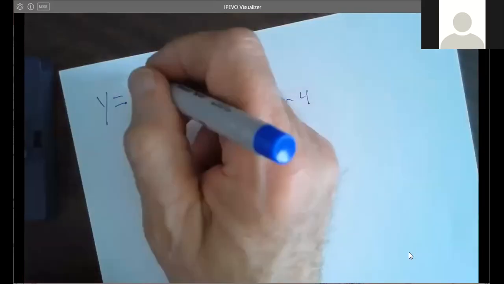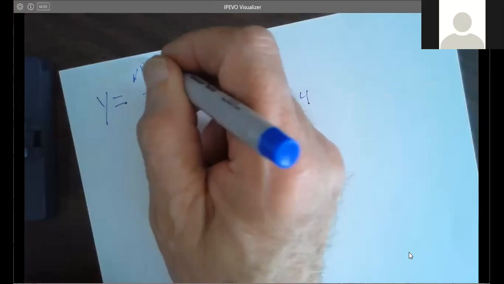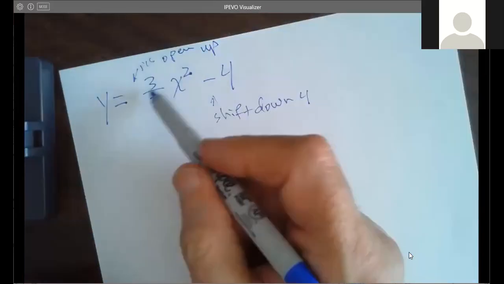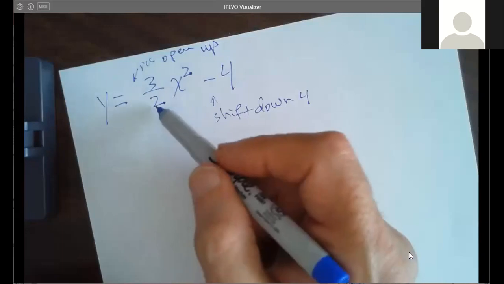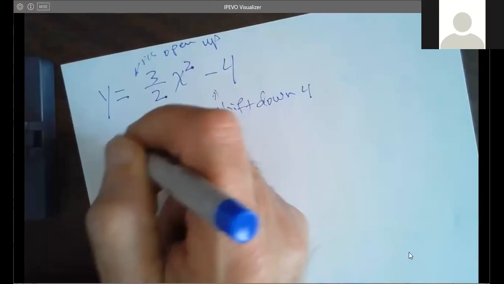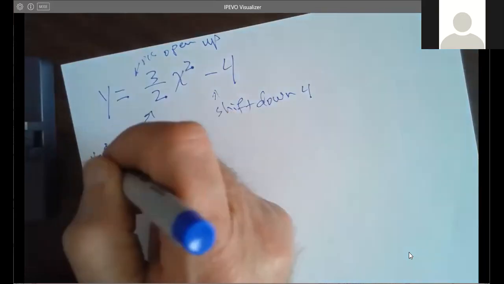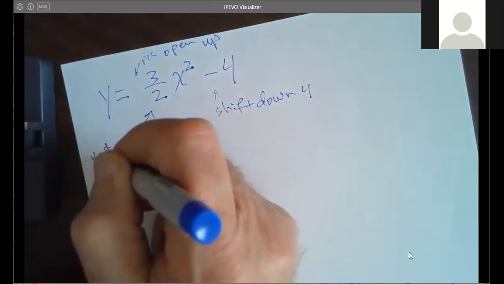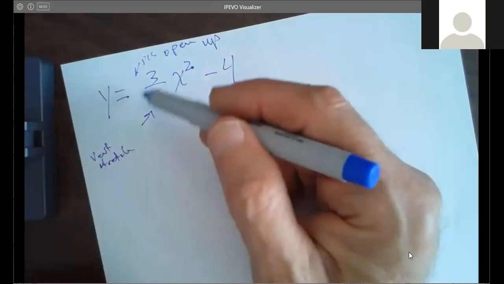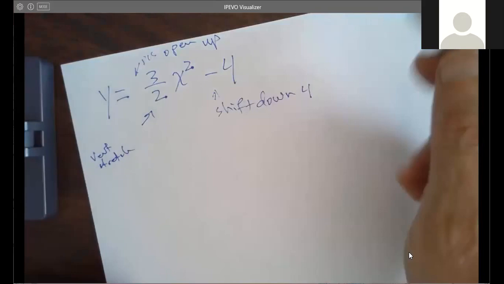And because this is positive, it's going to open up. Because this is 3 halves, it's actually going to make it vertically stretch because it's greater than 1. But we don't really need to worry so much about the vertical stretching or compressing on this lesson.